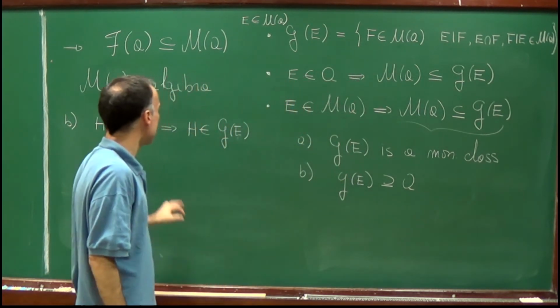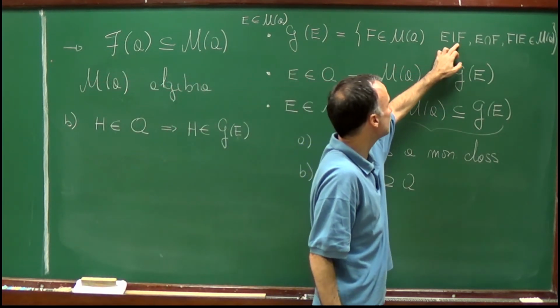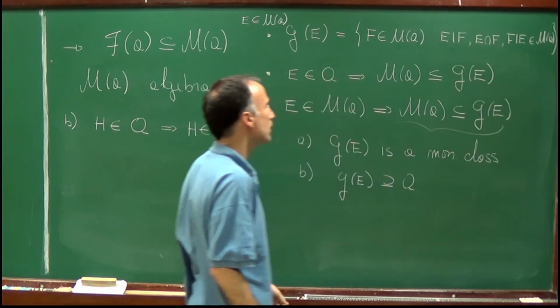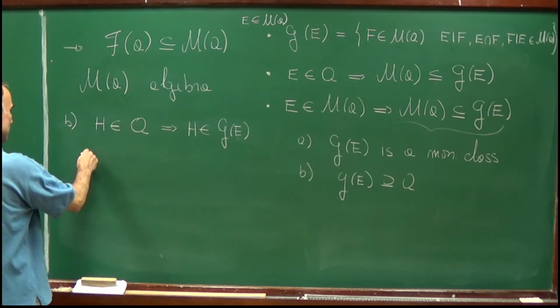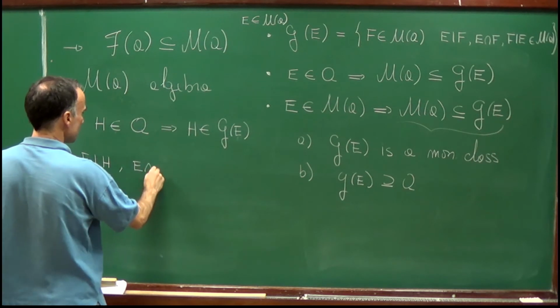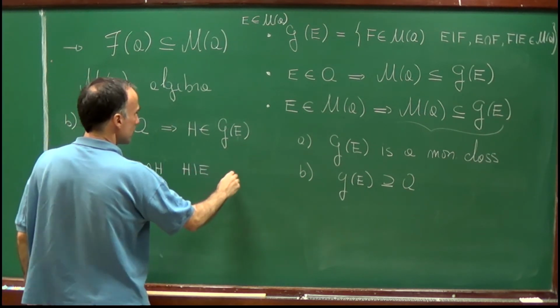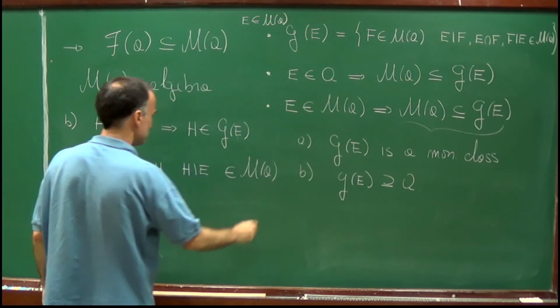So to prove that H belongs to G of E, we have to show that E minus H, E intersection H, and H minus E all belong to M of A. Right?